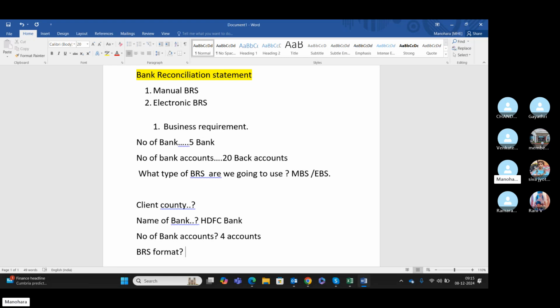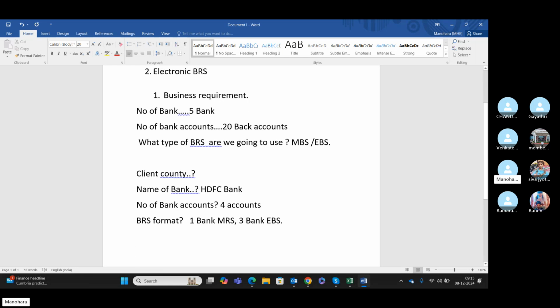Which format is being used? For example, one bank is MBRS, and the other three banks are EBRS. Is it also possible, right?